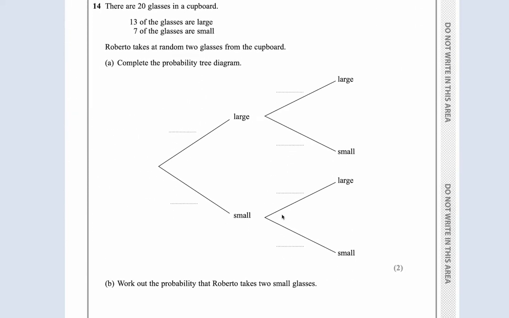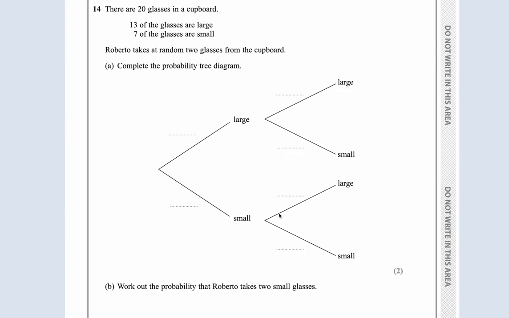Okay, question 14. There are 20 glasses in a cupboard. 13 are large, 7 are small. Roberto takes at random 2 glasses from the cupboard. Complete the probability tree diagram. Okay, because he's taking 2 glasses, he's not replacing them.